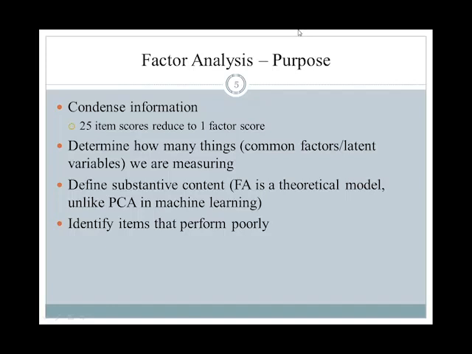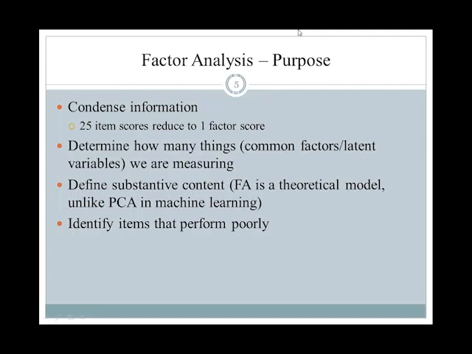And then the PCA just repackages the variance, and it tries to condense information in a slightly different way than what factor analysis does. Factor analysis, on the other hand, is a theoretical model where we do believe there are causal relationships between these latent unobserved variables and our observed variables. And so by defining the substantive content, what does our common factor actually mean? Like, what is it that we are measuring?